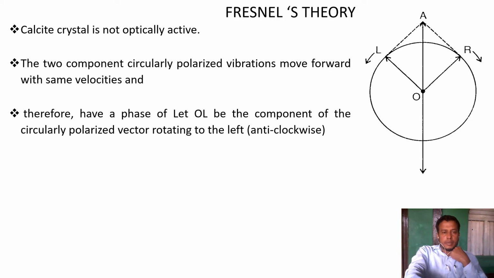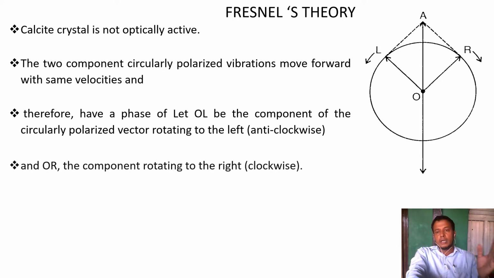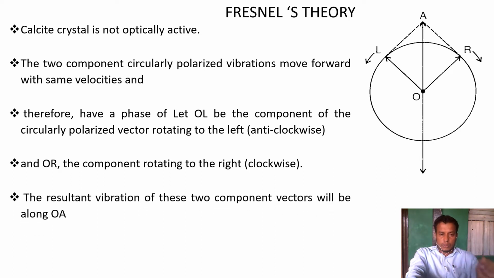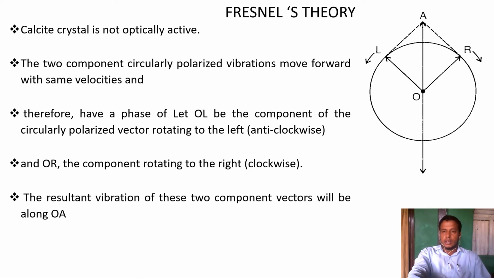So the plane of vibration has a component OL, a circular vector rotating to the left, that is anti-clockwise, and a component OR rotating to the right, that is clockwise. The resultant vibration of the vectors will be along OA.